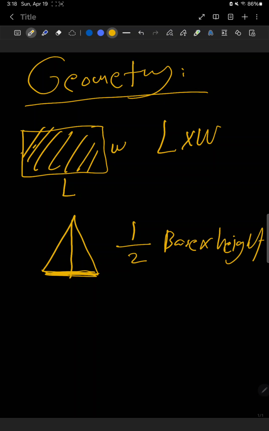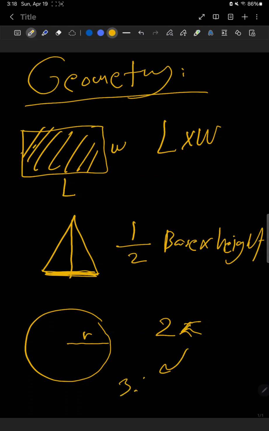Good. Also, a circle. What is the circumference of a circle? This is r. So the circumference of the circle is 2 pi, which is 3.14, times r.